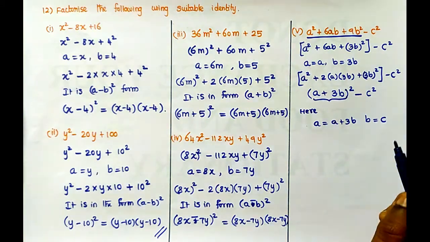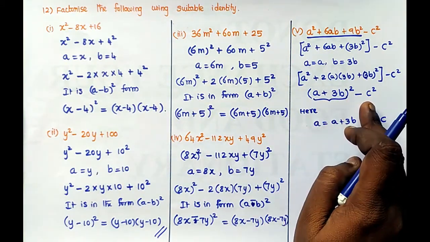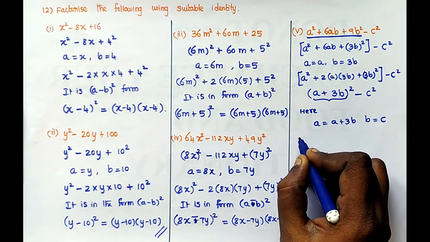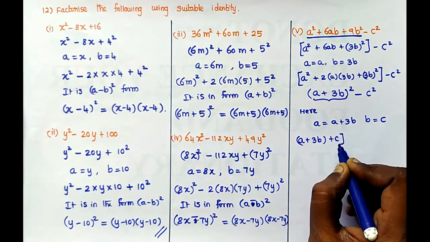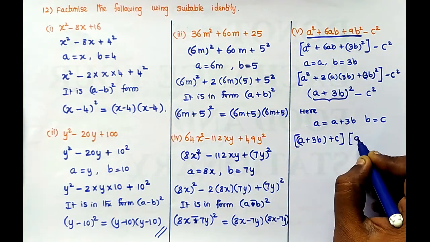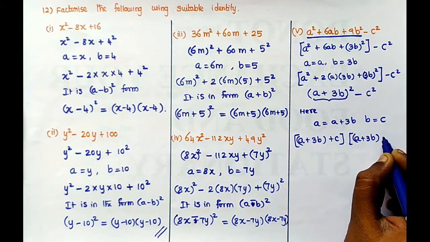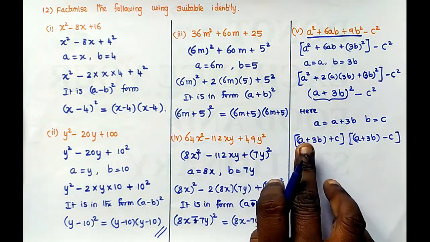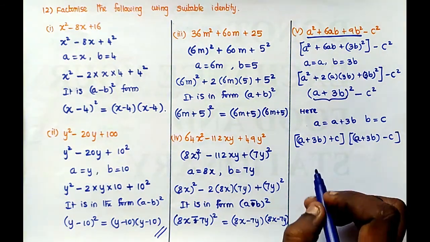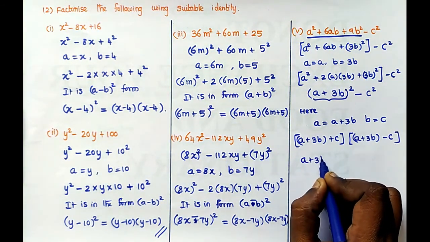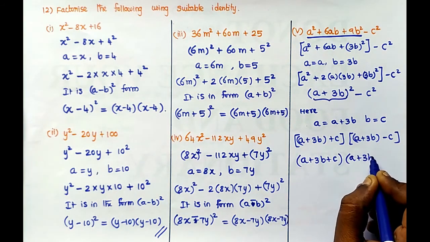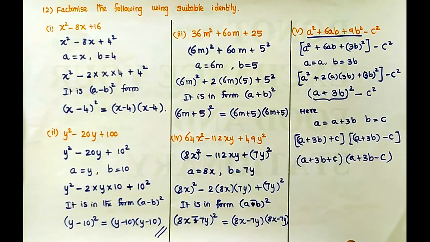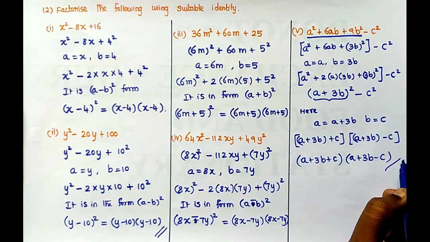How will you factorize that? (a plus b) into (a minus b), that is (a plus 3b plus c) and (a plus 3b minus c). (a plus b) into (a minus b). Now remove the bracket. (a plus 3b plus c) into (a plus 3b minus c). That is the factors for this one. This is the answer.